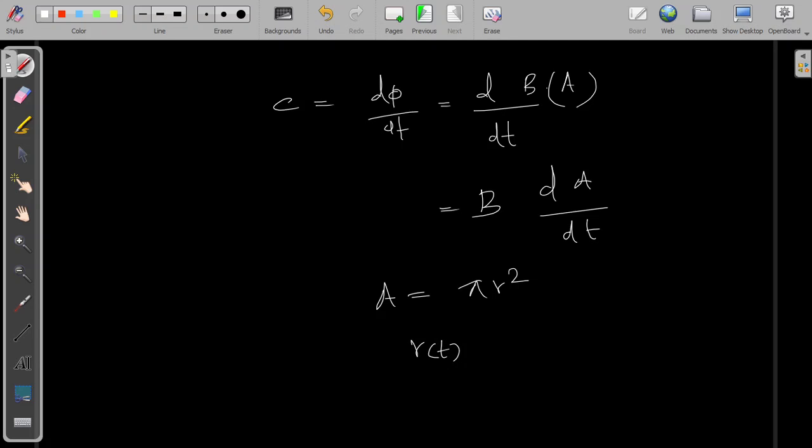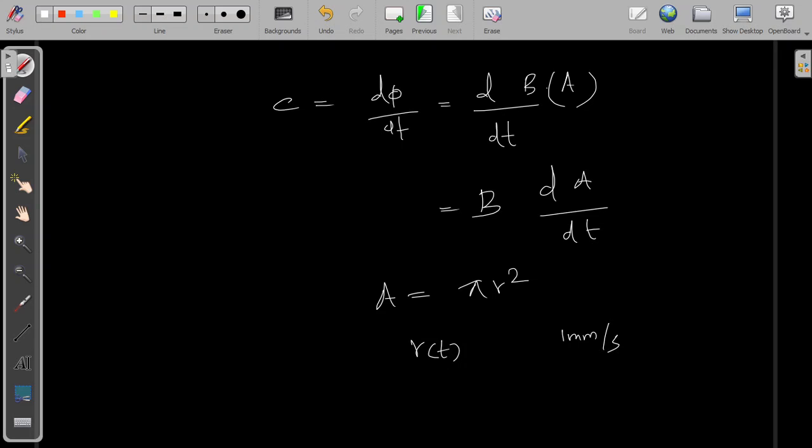It is given that r of t is shrinking at a constant rate of 1 millimeter per second. That means this radius is changing with respect to time.